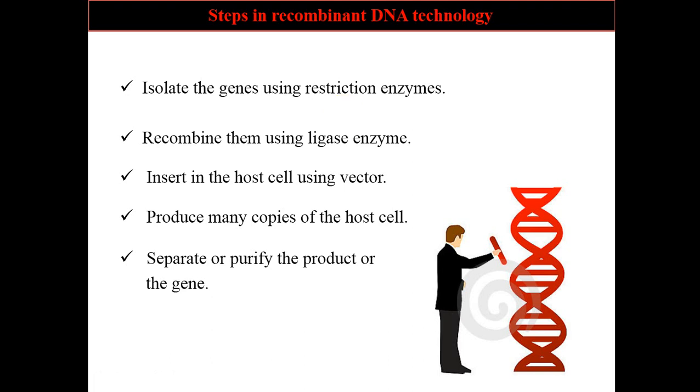Remember, before this isolation you have to isolate the DNA of an organism, then cut the gene of interest out of it, then attach this gene of interest, or insert, to the vector. Vector is the gene carrying vehicle which will carry this gene of interest to the host organism.